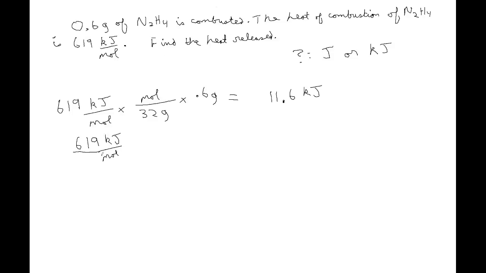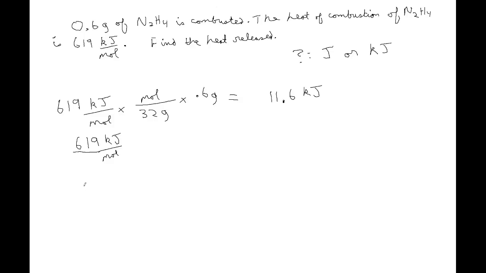You might have thought that it was required because this was a positive number, but it's just a convention that we use a positive number for heat of combustion, because it's assumed that we know that combustion is exothermic and it's releasing heat. So say again, how would you interpret this number? For every mole of N2H4, it'll release 619 kilojoules per mole.